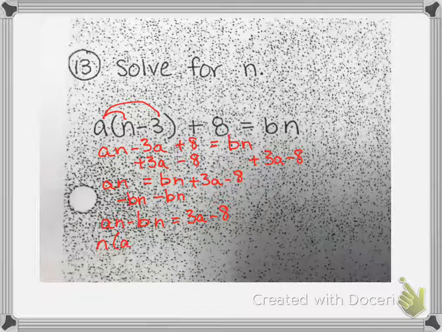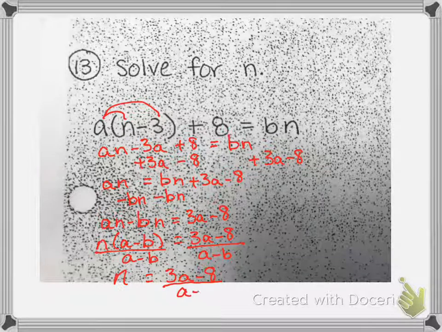I'm going to factor out my n. That leaves me with a minus b as my other factor. Okay, I'm going to reduce by a minus b.